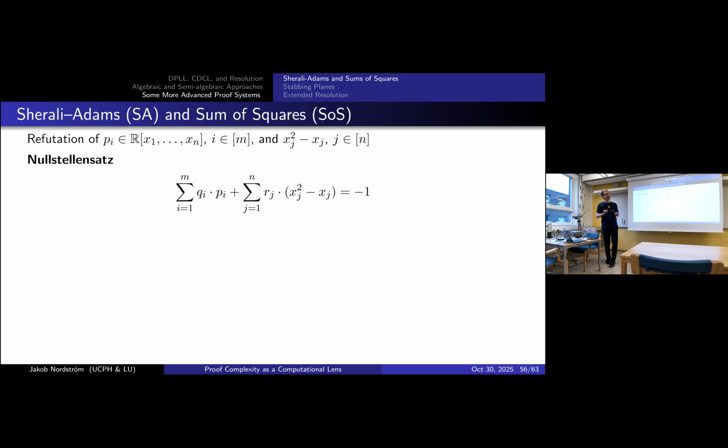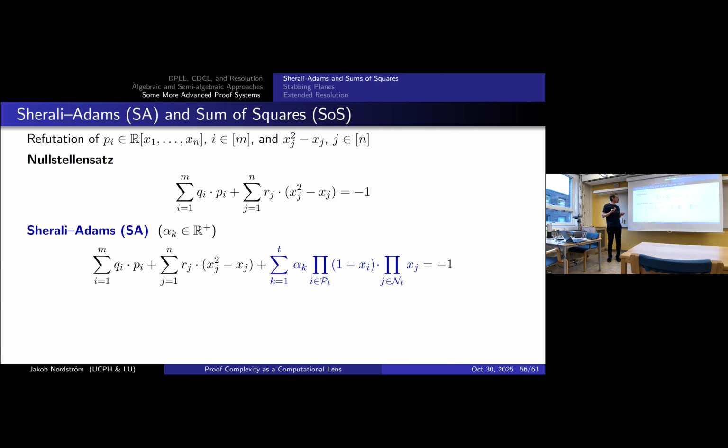Why do I do this? Well, because now suppose I relax this a bit. Maybe it's hard to hit exactly -1, but suppose I give you a certificate, here's the Nullstellensatz certificate with the Q_i P_i's and the R_j's and X_j's, except let me allow you to add some conic juntas. It's just a fancy name for basically multiplying literals by some positive coefficient.